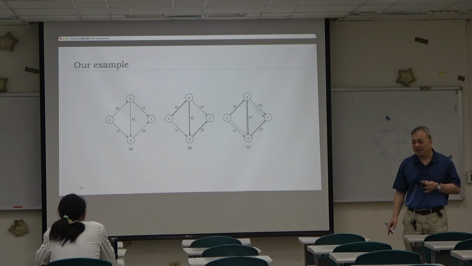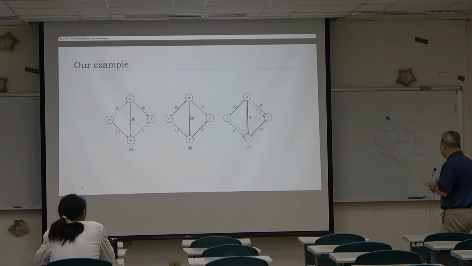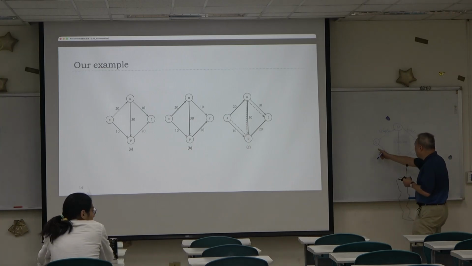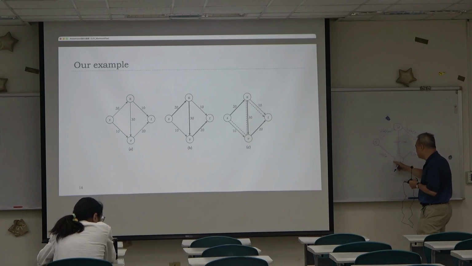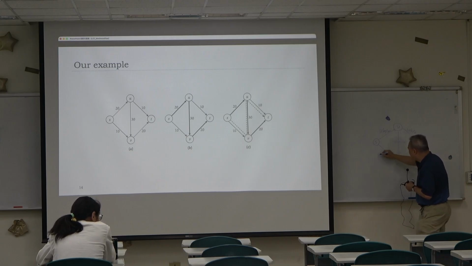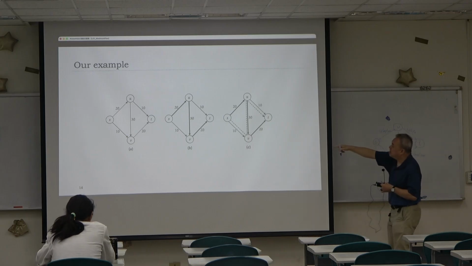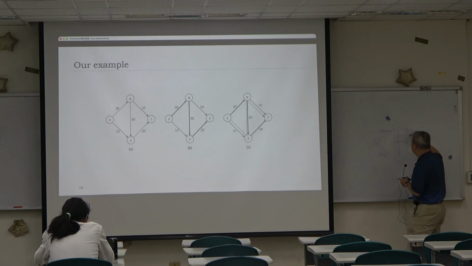Why? Let's look. This one is 10, that one is 0, so we'll do this one, because it has remaining capacity 10. And then we go from up to here.